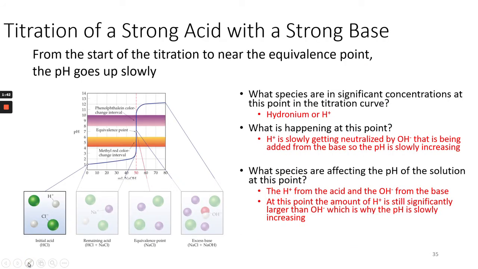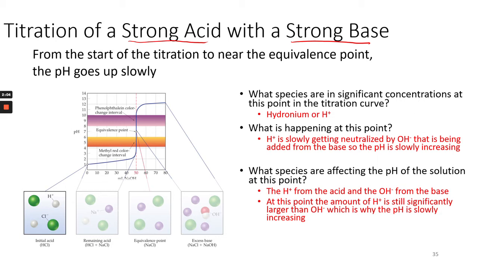So let's talk about each of these regions. Let's start down here. Again, we're titrating a strong acid and a strong base. From the start of the titration to near the equivalence point, your pH is changing very slowly. And why is that? What species are in significant concentrations at the beginning of this titration curve?